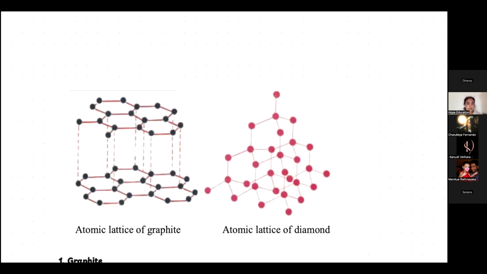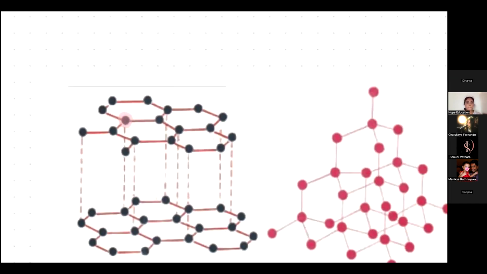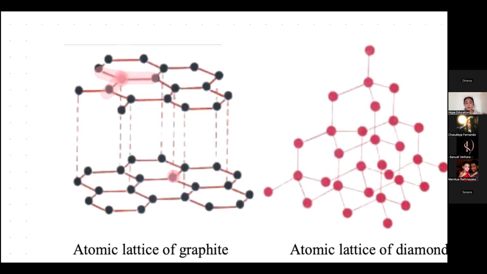Look, if you take a graphite atom in the middle, it is bonded to one carbon like this, to this carbon like this, and to this carbon like this. So it's bonded to 3 other carbon atoms. If you take this carbon, it's bonded to another carbon, one carbon, another carbon, altogether 3 carbons, right? So like that, every single carbon atom is bonded to 3 other carbon atoms.